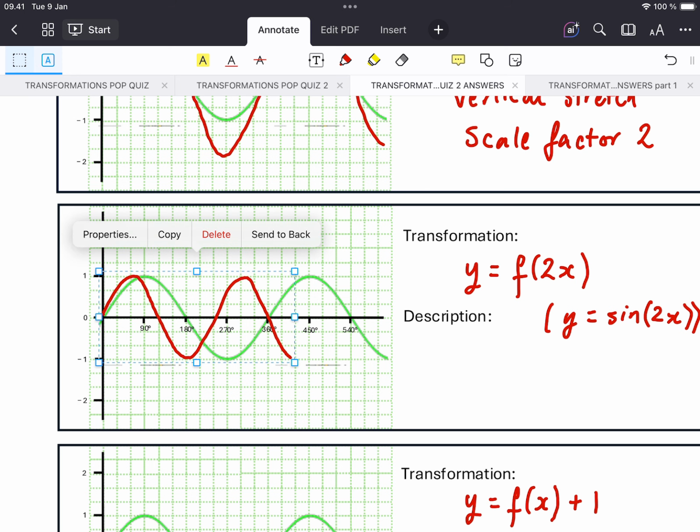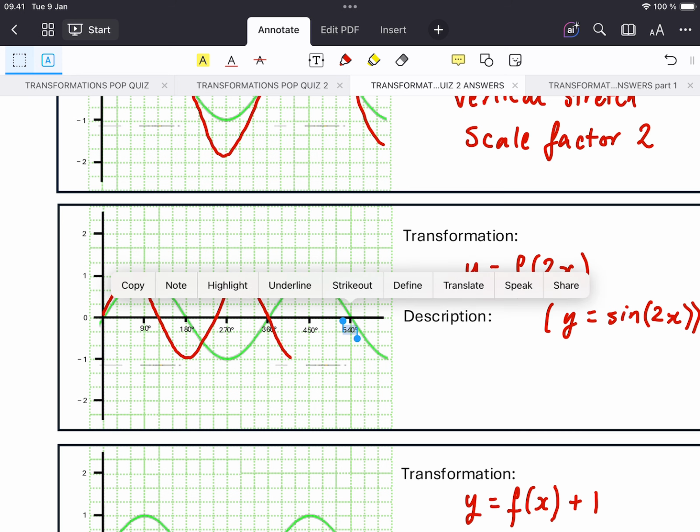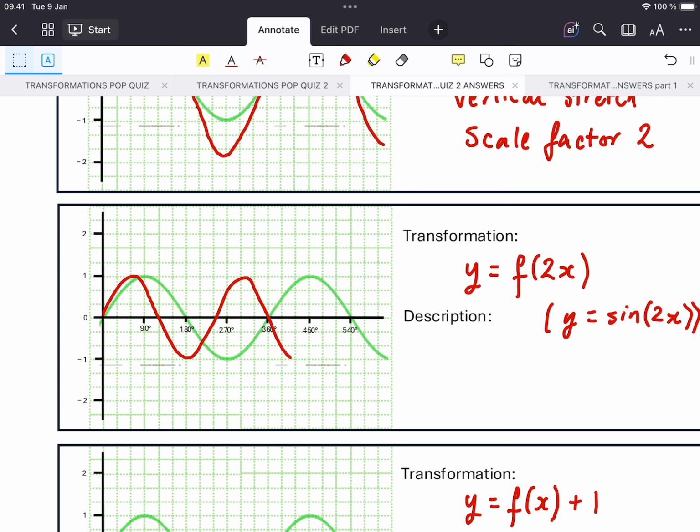Then I can just copy one of those and paste another one, because it sort of repeats like that. So you get something that, instead of repeating every 360 degrees as the original did, repeats every 180 degrees. In fact, I should have squashed that up a bit more, shouldn't I?